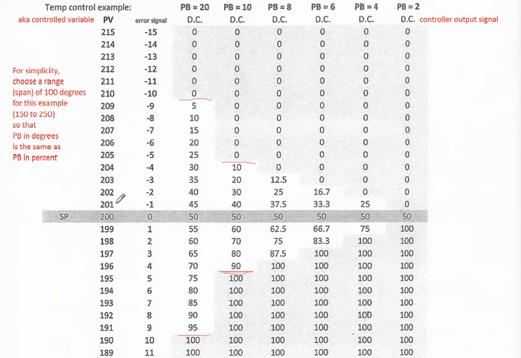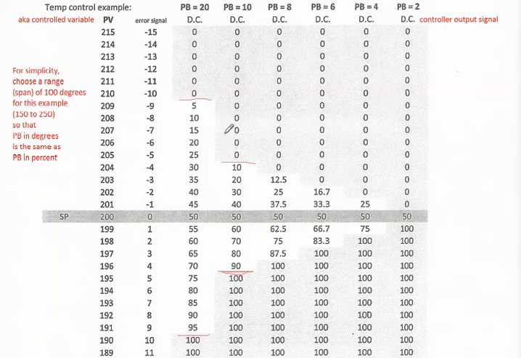Now that same 1 degree change in the process variable causes a 10% change, from 50 to 40, in the controller output signal. So here we would see that as a gain of 5, which now the gain is 10. The same change in process variable caused twice as much change in the output signal. It changed by 5%, now it changes by 10% for the same 1 degree change.